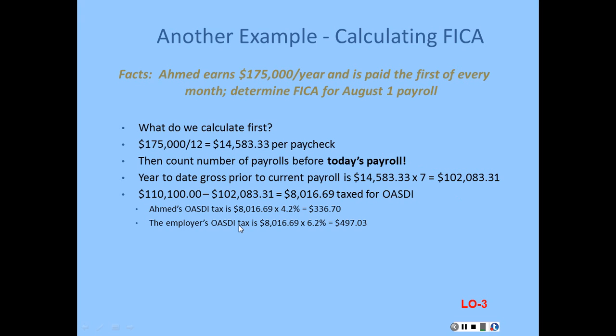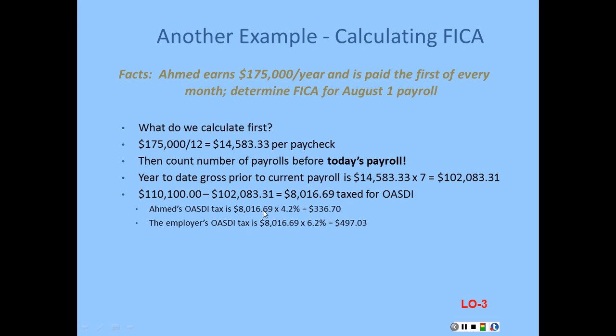August payroll of $14,000+ added to the year to date before August is going to run us over the cap, so we're not going to subject the whole check to Social Security. We're just going to take the 2012 annual cap minus the year to date through July that we calculated. So only $8,000+ out of the total of $14,000 is taxed for Social Security.